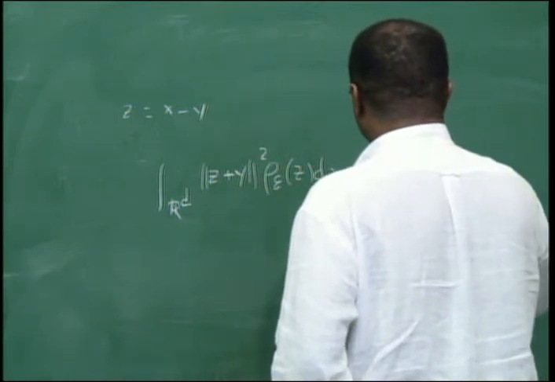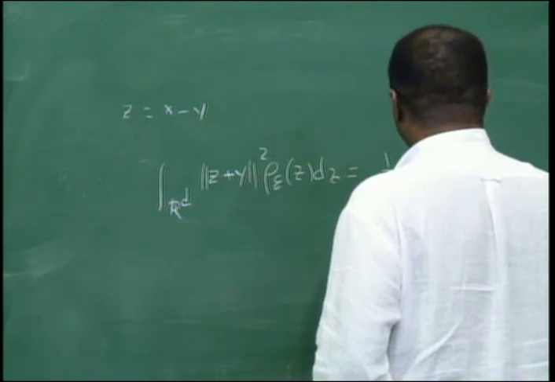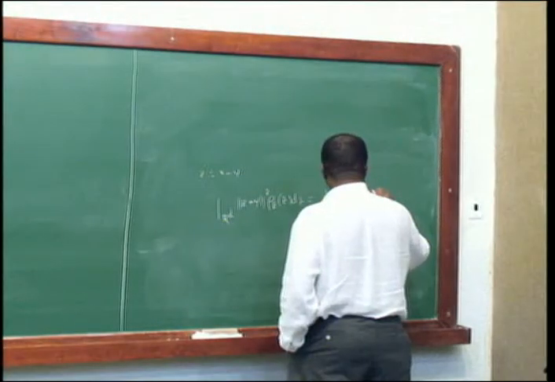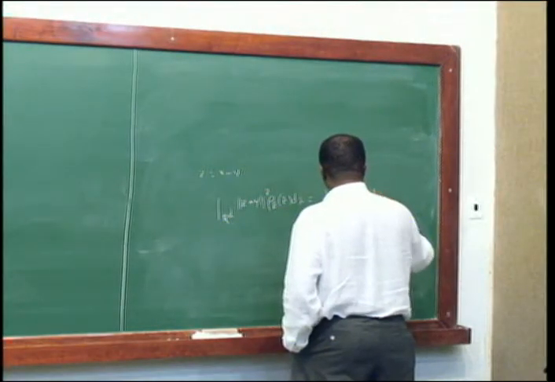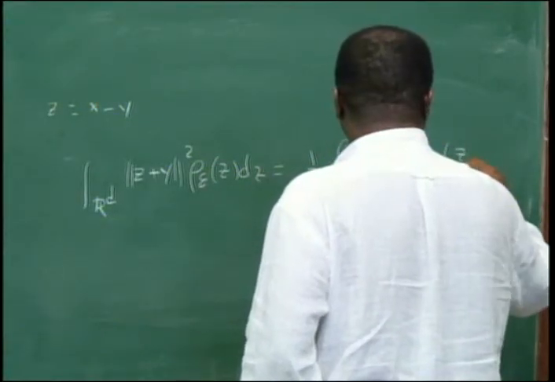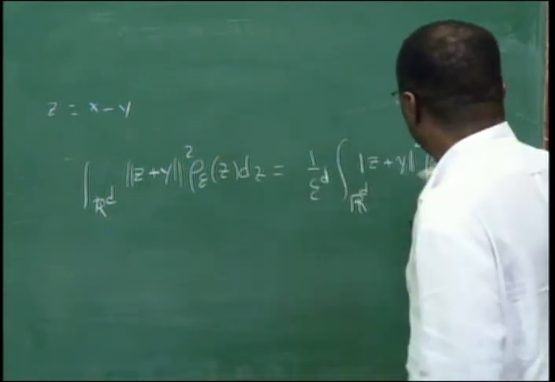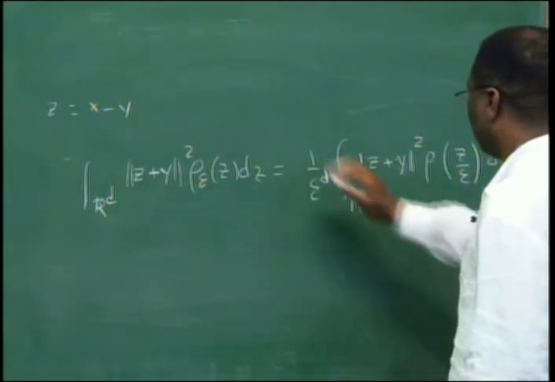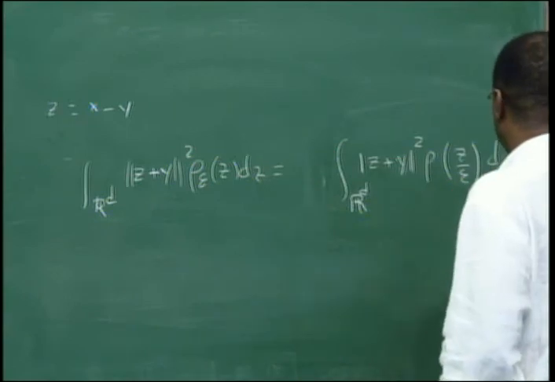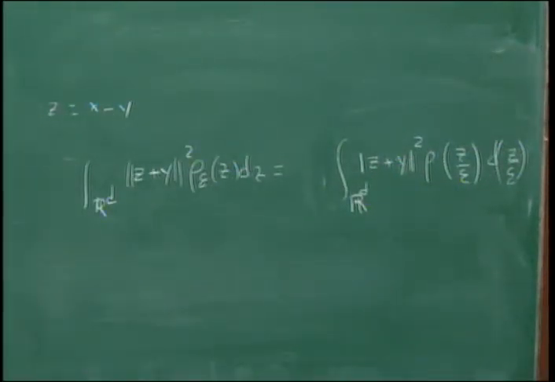It is 1 over epsilon to the power d, the integral over Rd of z plus y squared rho of z over epsilon dz.